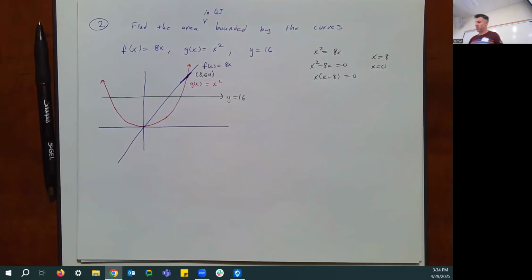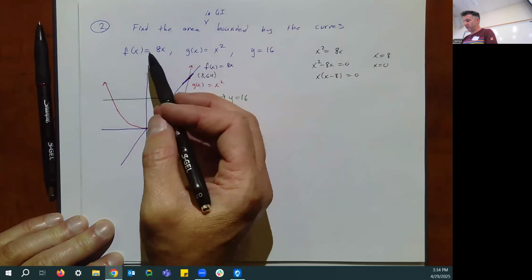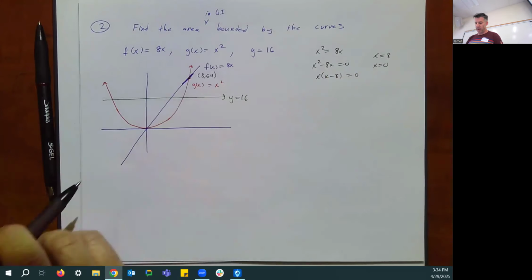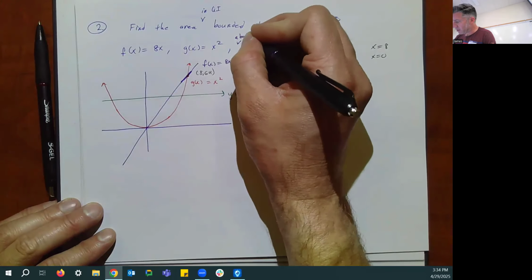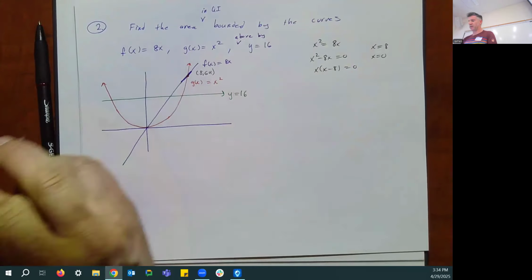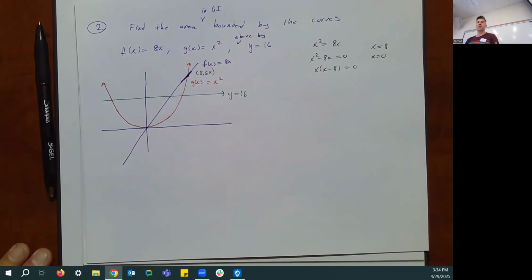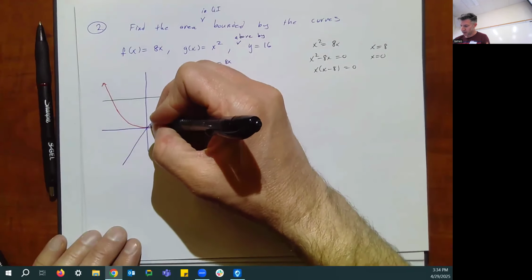So I need to add another word. Bounded by the curves f of x equals 8x, g of x equals x squared, and above by y equals 16. So that means y equals 16 is the above boundary of my region. We're bounded above by that function. So we're looking at this region here.